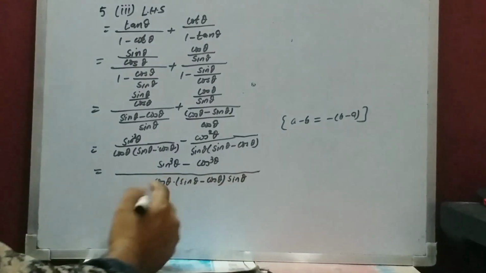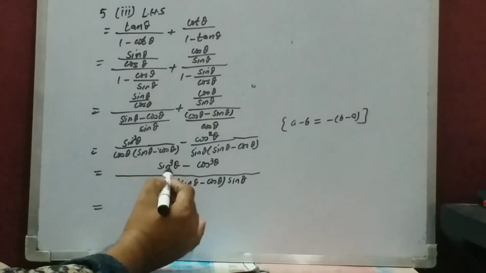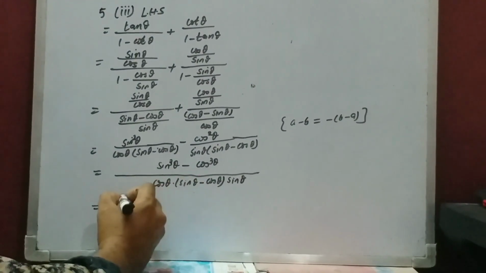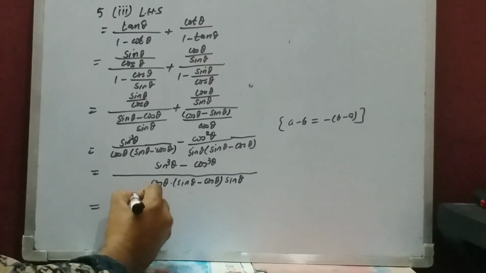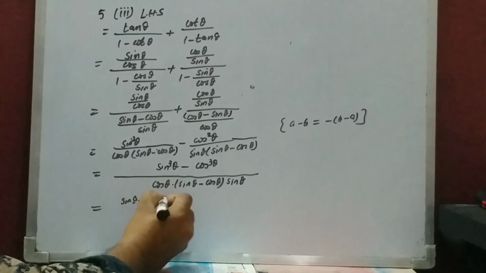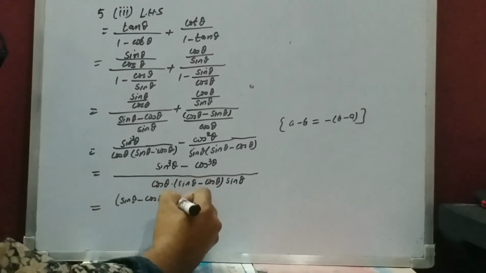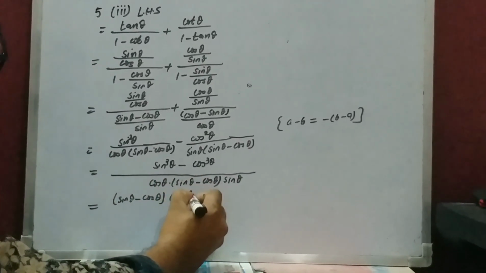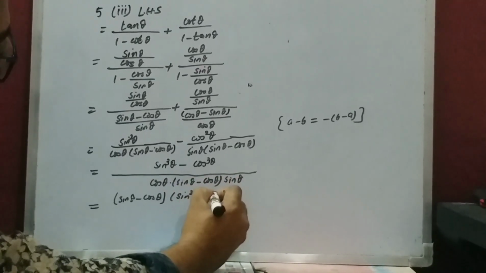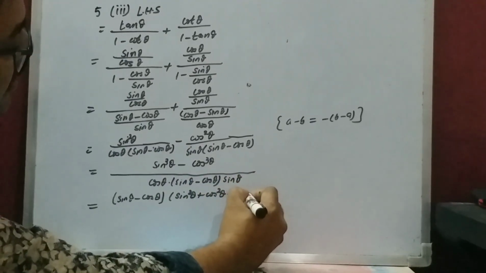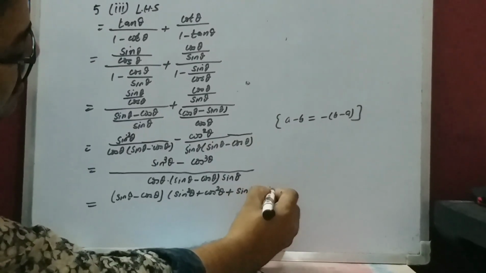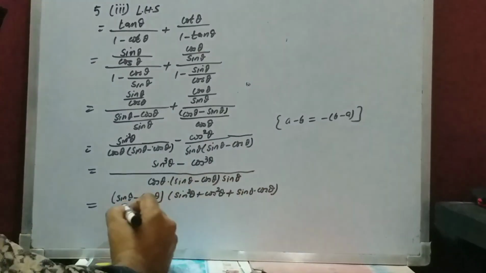Okay. And now write the factor form of this. This is a cube minus b cube. So sin theta minus cos theta times sin square theta plus cos square theta plus sin theta cos theta, and this is under bracket.